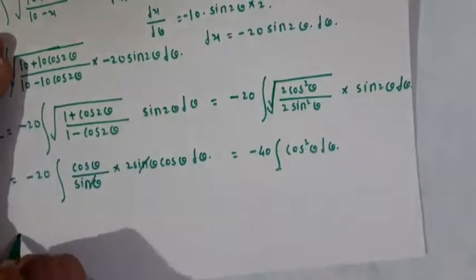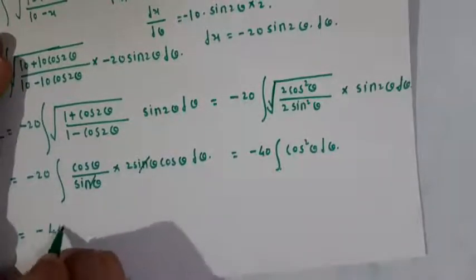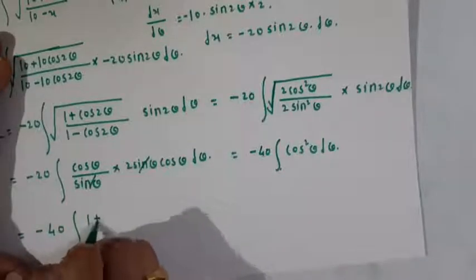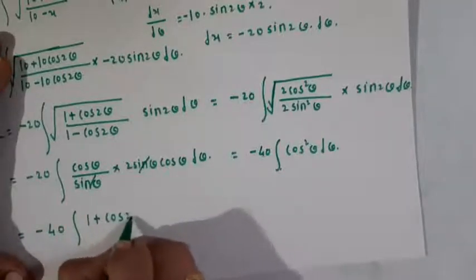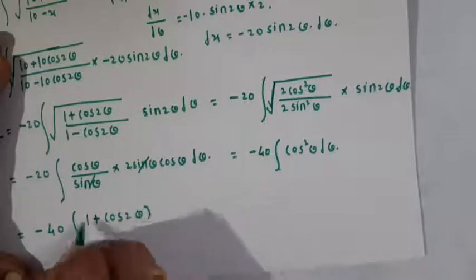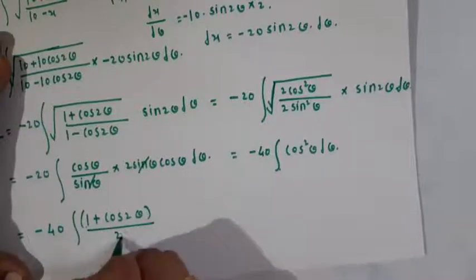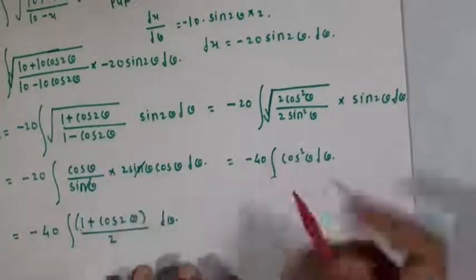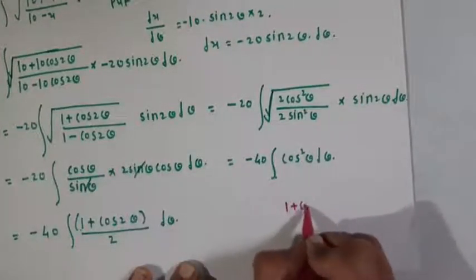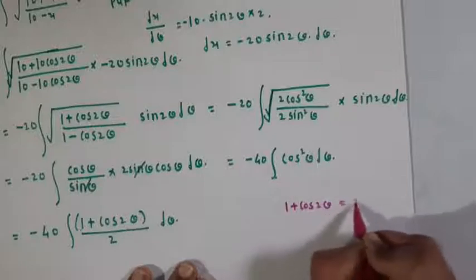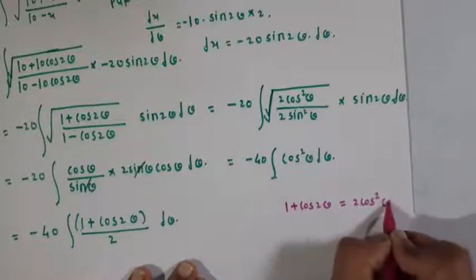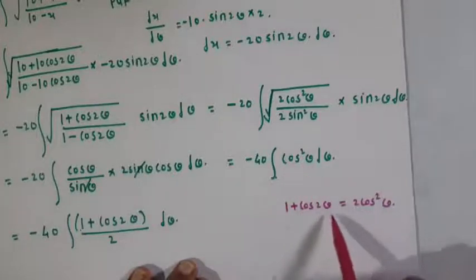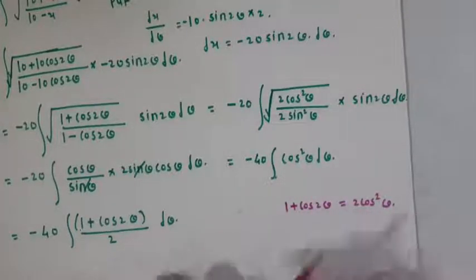Okay students, and this is equal to minus 40 integration of cos square theta, which is 1 plus cos of 2 theta upon 2, with respect to theta. Because we know the formula, 1 plus cos of 2 theta equals 2 cos square theta, and therefore cos square theta equals 1 plus cos of 2 theta divided by 2.